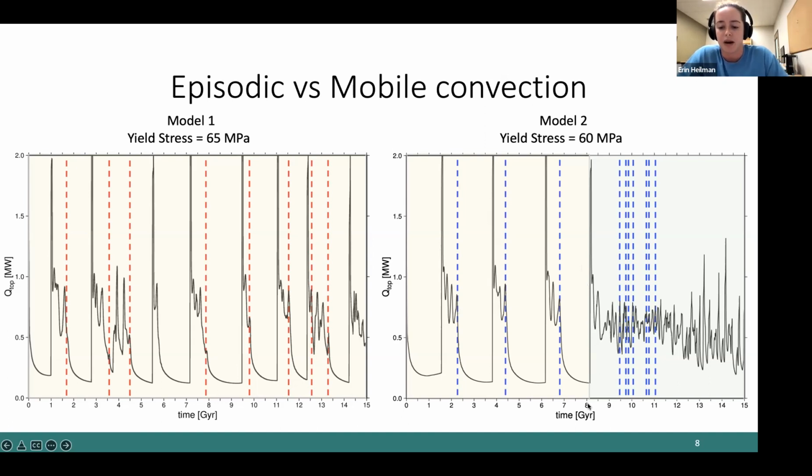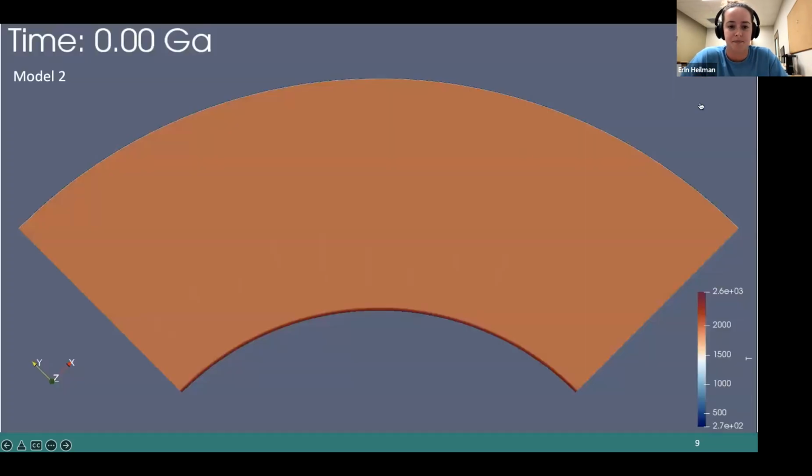Once we hit about 8 billion years in the model, we transition into this mobile convection regime. Here, there are several of these plume slab terminations that happen quickly because there are multiple subduction zones. I will show you what this looks like.